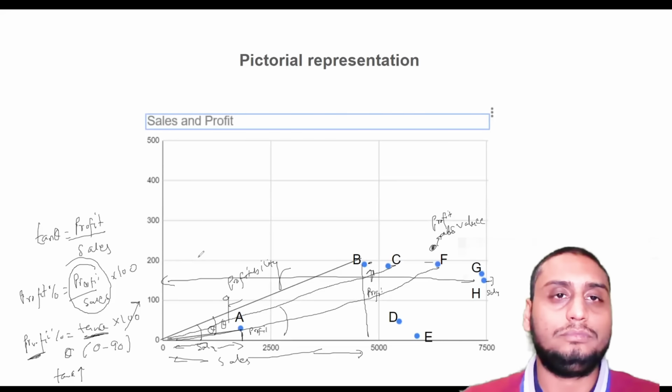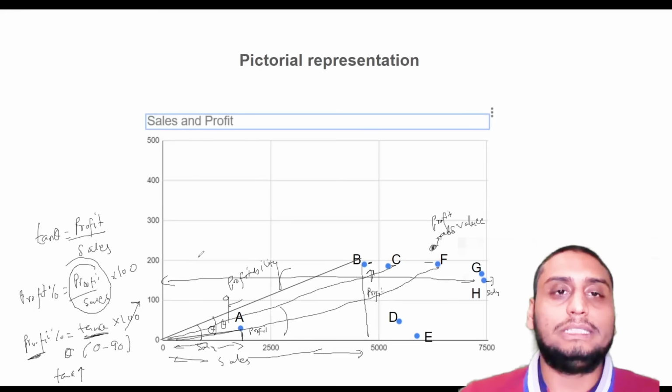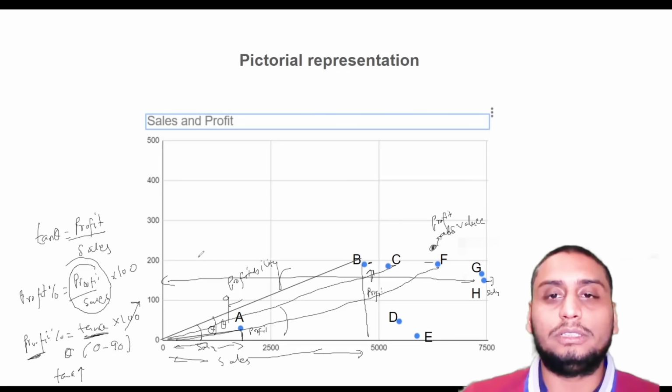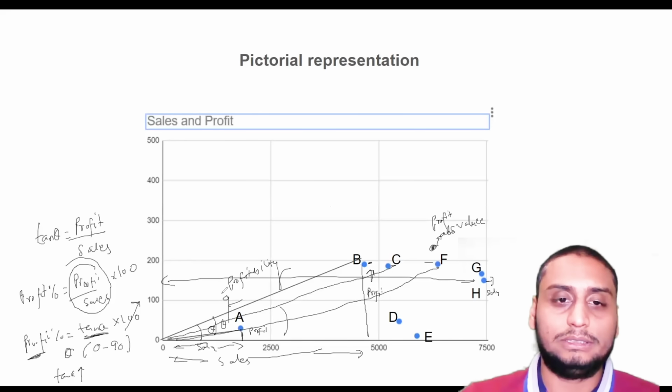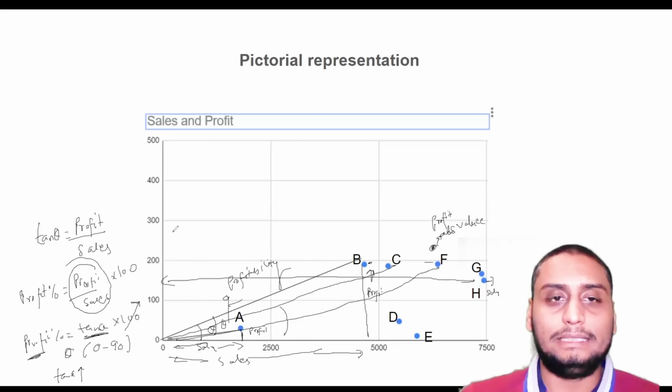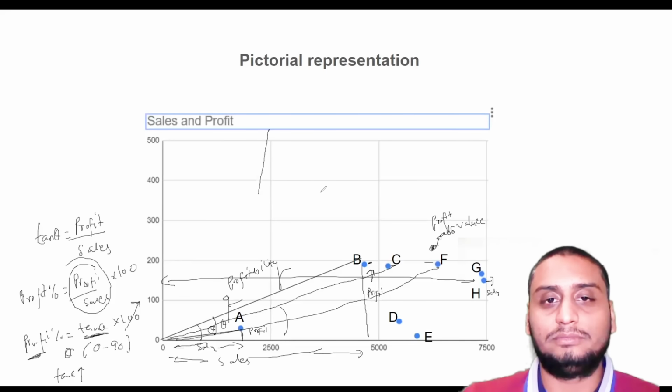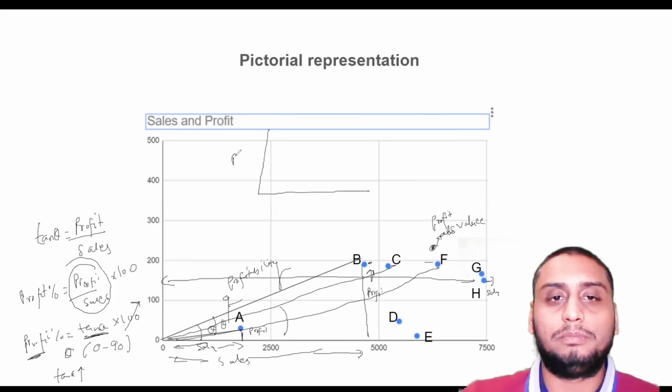Okay. So this is based on interpreting any graph in terms of its angle, its value, and all those things. Let's say the same graph was your cost here and your revenue here.